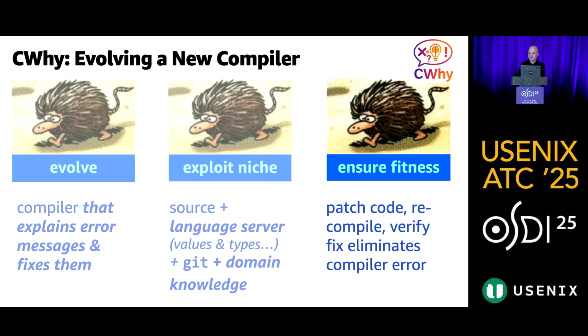And ensuring the fitness is also straightforward. Obviously, you patch the code, verify that the compiler error goes away. Reasonably straightforward. It's a little more difficult to understand whether something is correct. Right? There's no oracle. Your code doesn't compile, and now it does compile. So validating it is obviously going to need something like continuous integration testing.